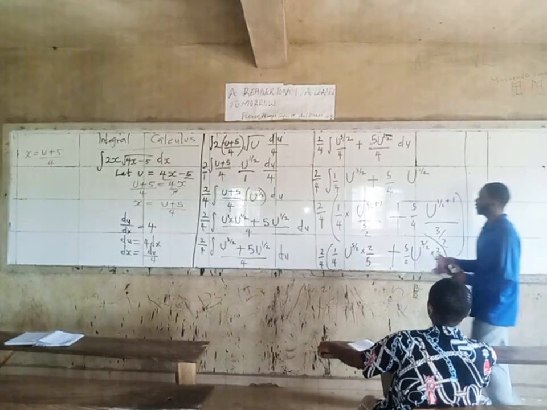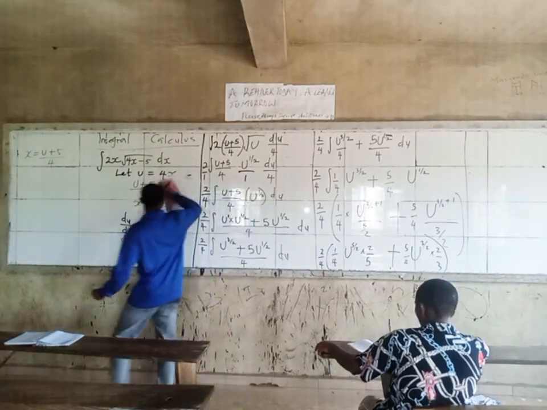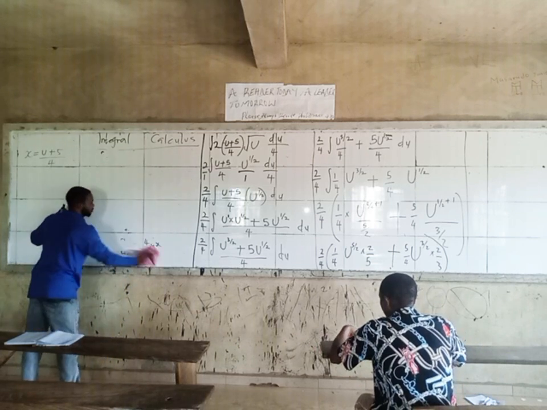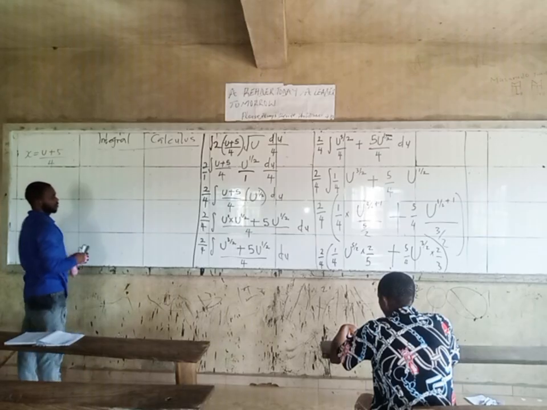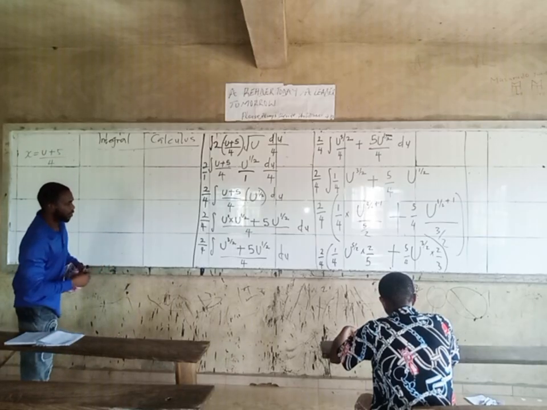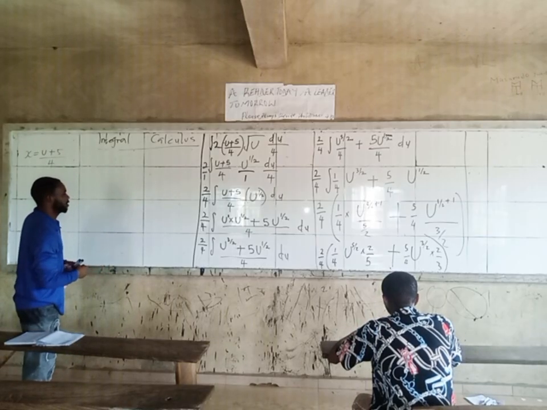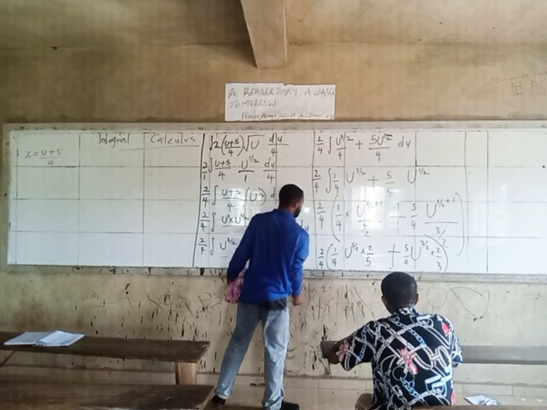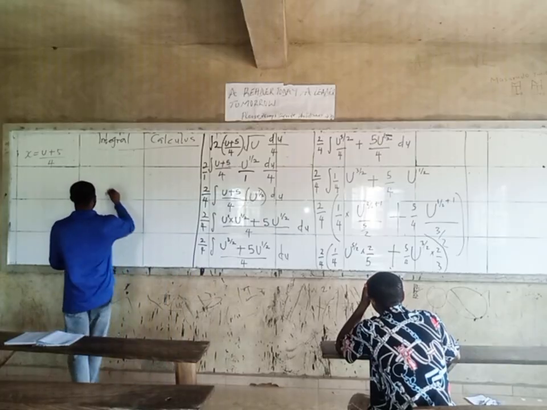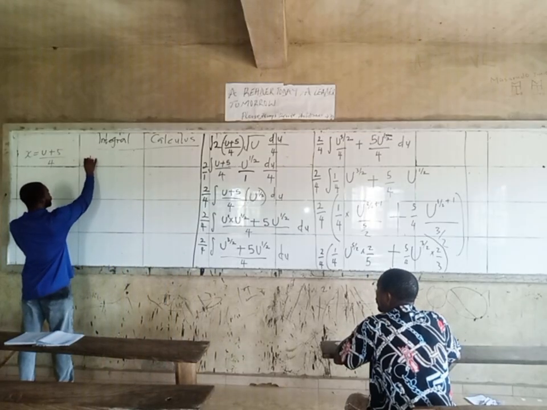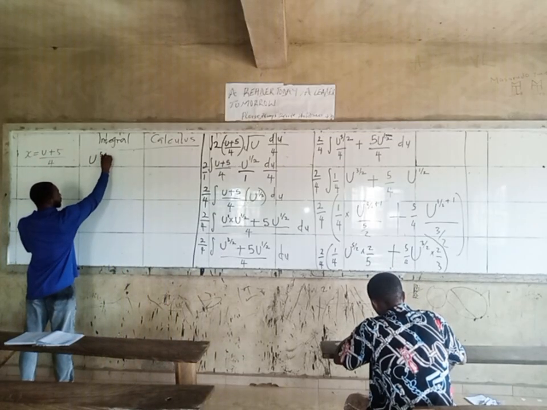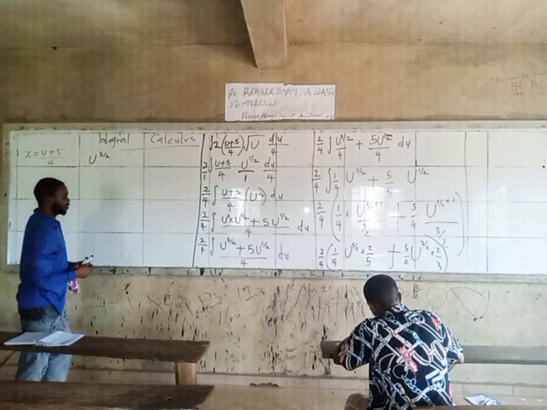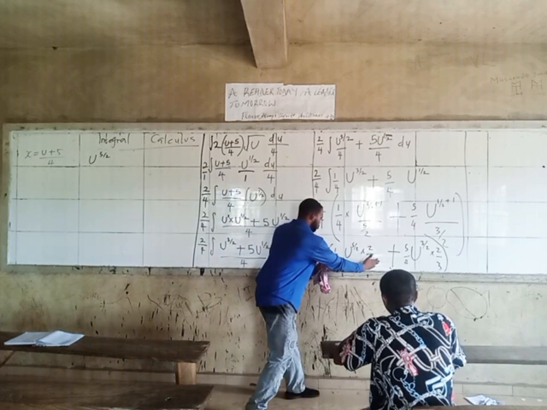So if I now try to simplify further, let me clean this side. This will now give me 5 times 4 is 20. So it will now give me u raised to power 5/2. Notice I'm trying to do everything for this side u.